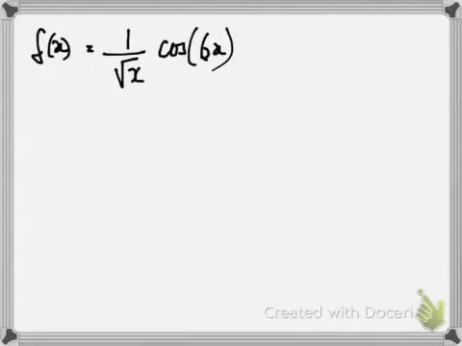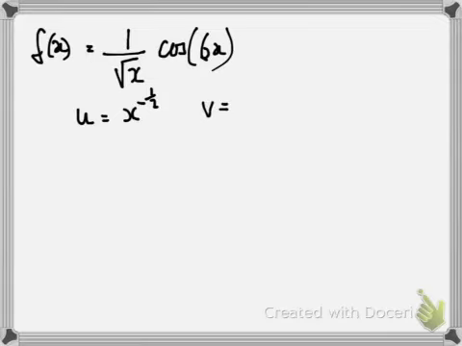Next one, a bit more complex. And with our u this time, instead of putting 1 over square root of x, that's x to the power of negative a half. And it's best to put it in that form so that it's easy to differentiate in a moment.